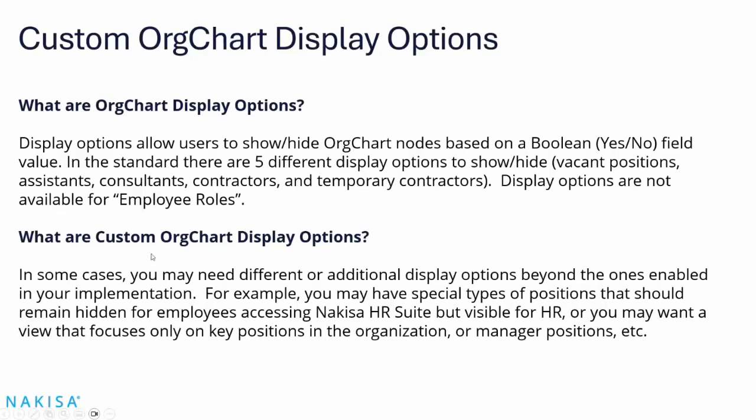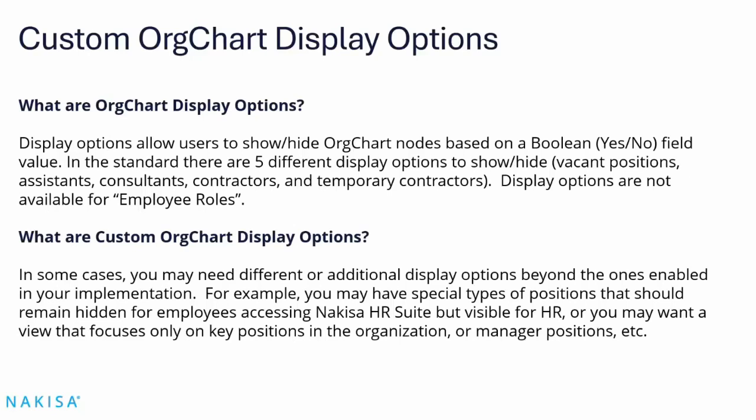So what are the custom org chart display options? Now, in some cases, you may need to have more display options beyond the 5 that are available, or beyond the ones which are enabled in your implementation. For example, we had a client that flags certain positions as hidden. Again, this is their own HR process. They have their own reasons behind it.